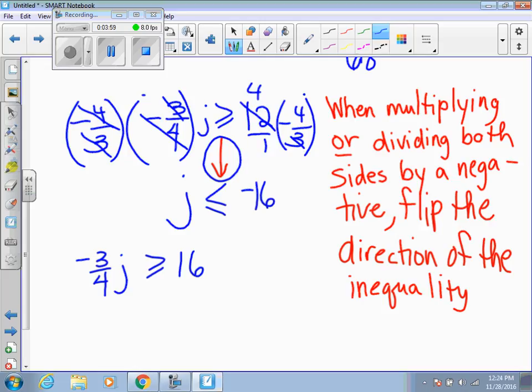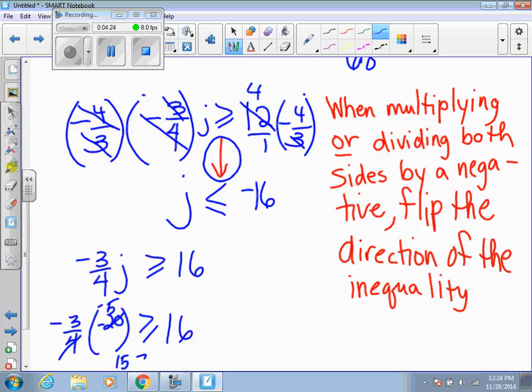So if we pick out a number smaller than 16 and we try 20, it works. Negative 3/4 times negative 20 is greater than or equal to 16 because we end up with a 5 here, and 15 is greater than or equal to 16, so it works.